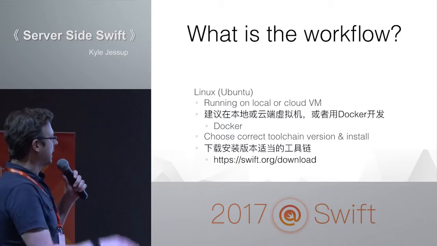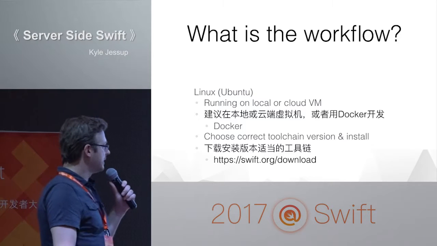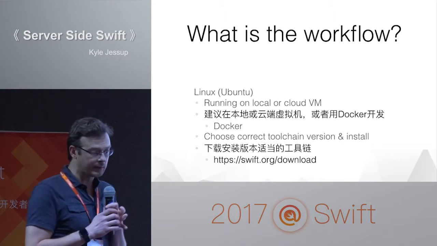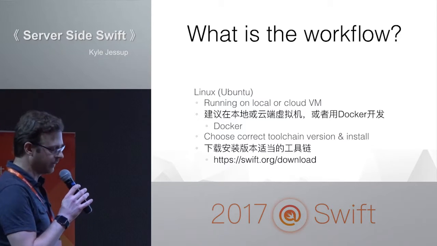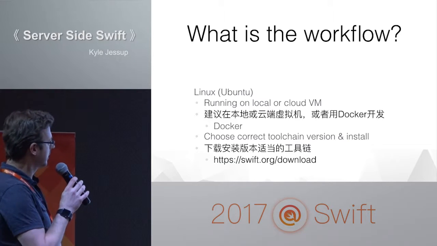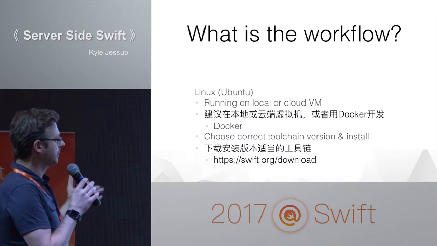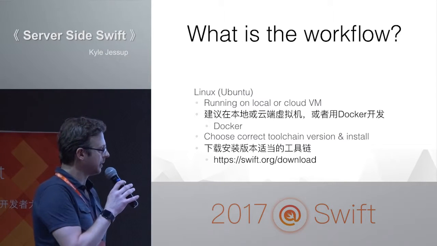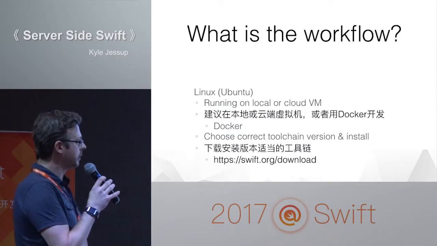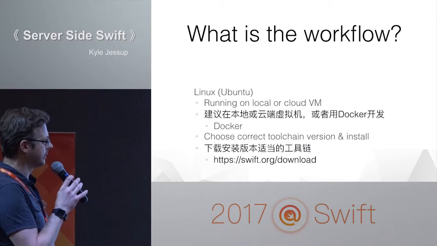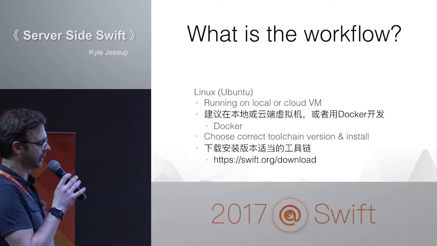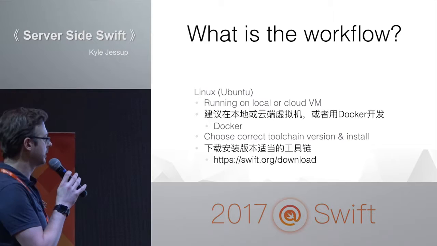But primarily what we're talking about here is Ubuntu. And generally you would run it locally through VMware, Parallels, Docker, which I'll talk more about, or through cloud. I mean, you can easily spin up an instance on AWS or something and just SSH into that and check your builds out there, see if things are running.